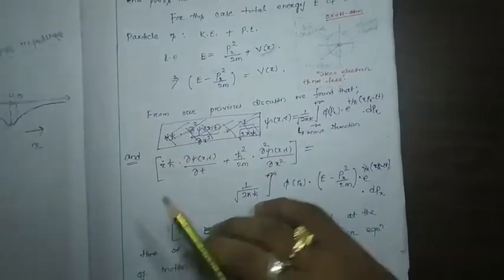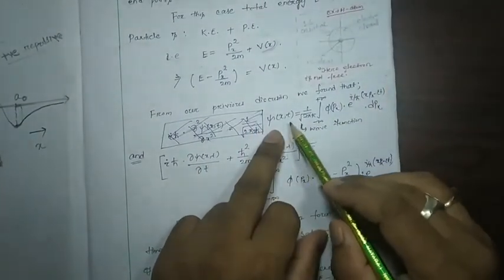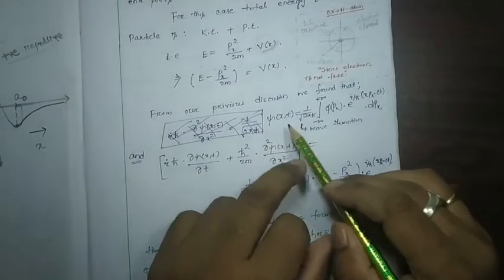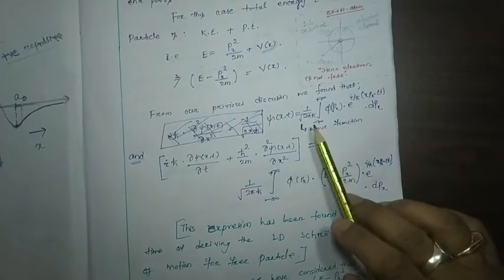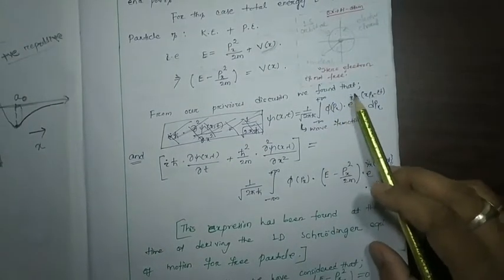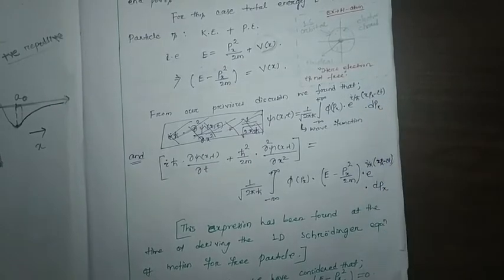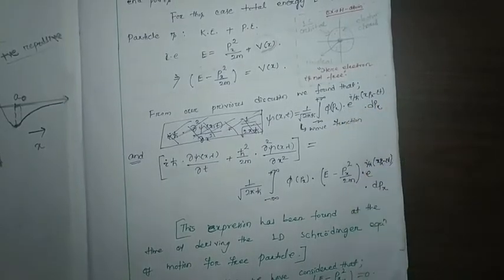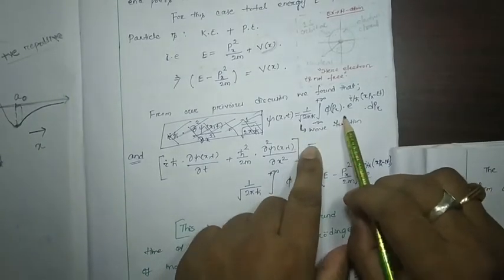Now we know from our previous discussion that the wave function psi(x,t) is nothing but 1 by 2 pi h cross, integral from minus infinity to infinity of phi(px) e to the power i by h cross (x px minus Et) dpx, which is the wave function propagating along the positive x-axis direction.